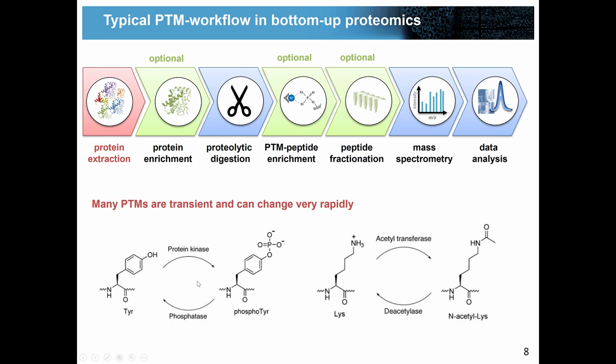In the case of phosphorylation, we have the interplay of kinases and phosphatases that attach or remove phosphate groups, or we have the interplay of acetyltransferases and deacetylases that attach and remove acetyl groups. And it is really true that these processes can take place very, very fast.